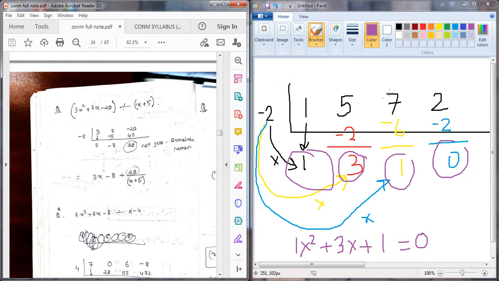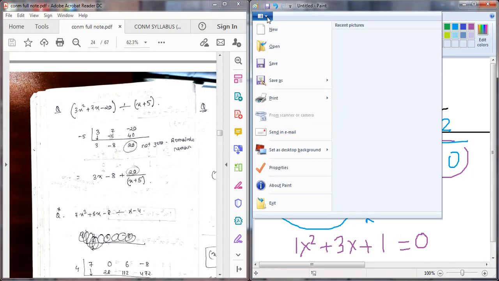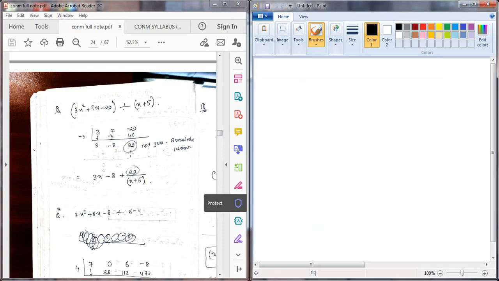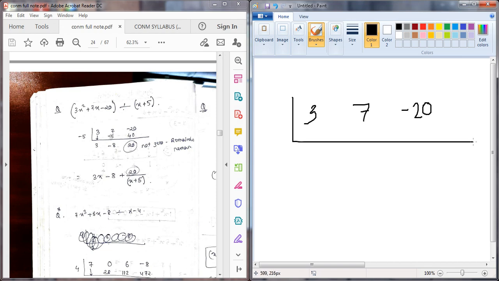Now what happens if there is a remainder? Well, this is an example of that. So let's quickly see it. I have the coefficient of x square as 3, the coefficient of x as 7, and the constant is -20. Since it is x plus 5, I will be using -5 to divide it.